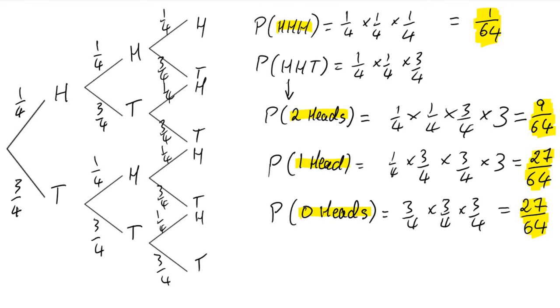So if we think of flipping heads as a success, then what we're dealing with in the first instance is that the probability of 3 successes being flipping heads is 1/4 times 1/4 times 1/4, basically 1/4 cubed.